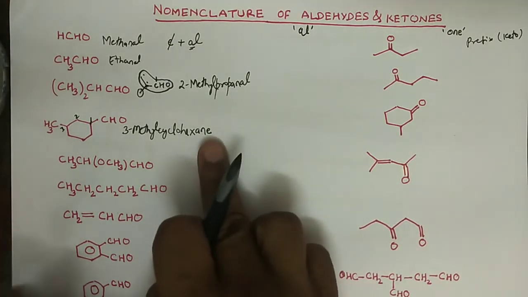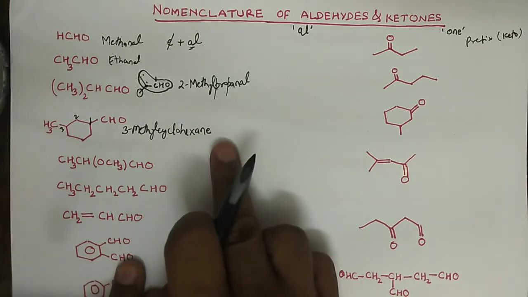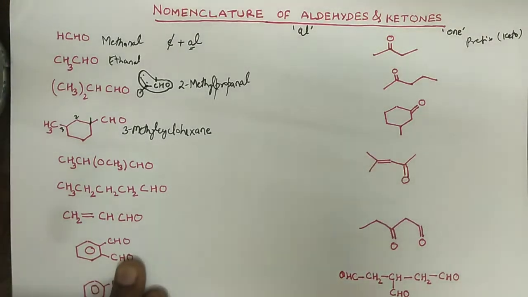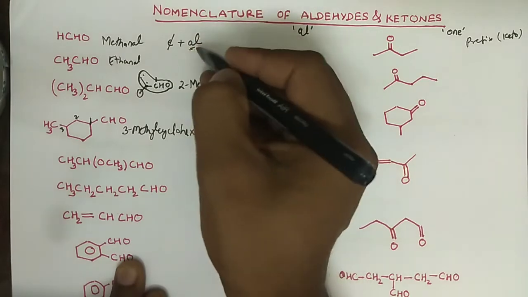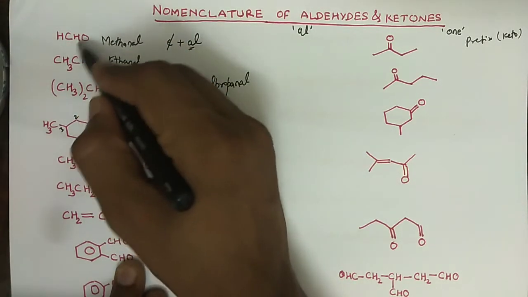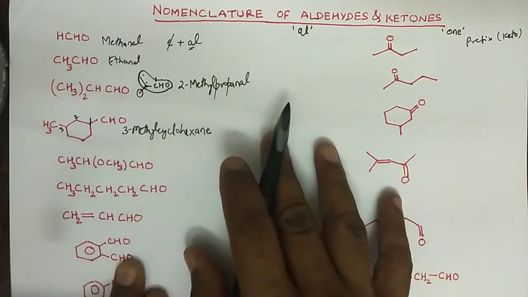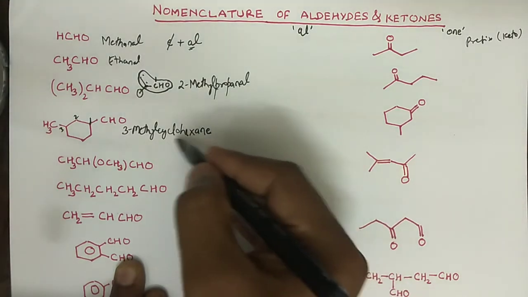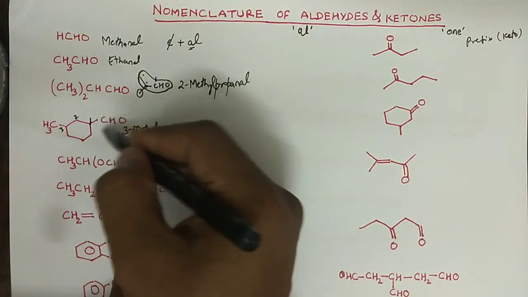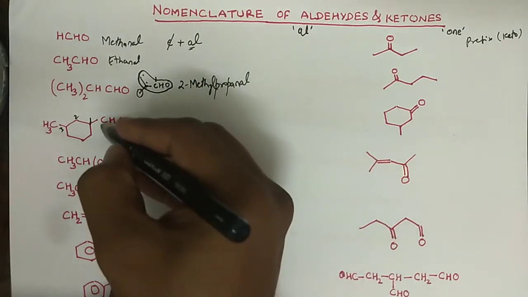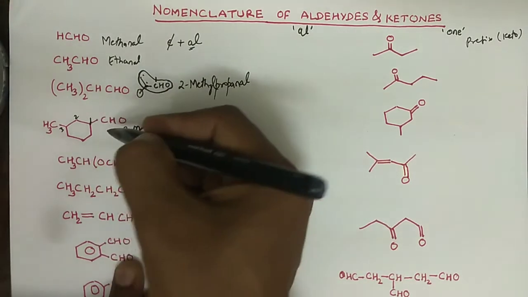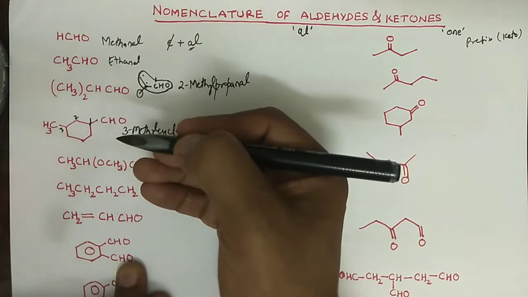And I cannot write it cyclohexanal. Why? Because if you are going to write -al, then the carbonyl carbon is counted in the chain, alright? And this time cyclohexane, because this carbon is not counted. So we will use a different suffix when it is not counted. I am repeating the same statement.